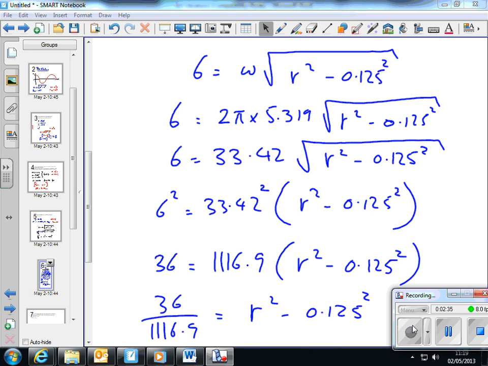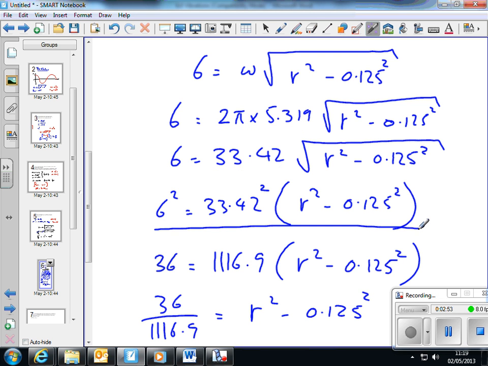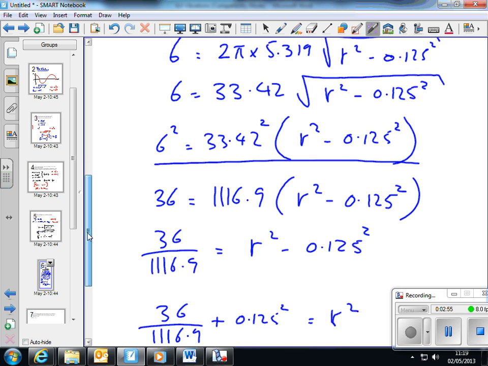So to actually calculate it, the calculation is here. Omega equals 2 pi f, which is this bit, which turns out to be this. You could square everything, or you could divide both sides by 33.42 at this point. But if we square everything, we get this, and then calculating r. There are the steps.